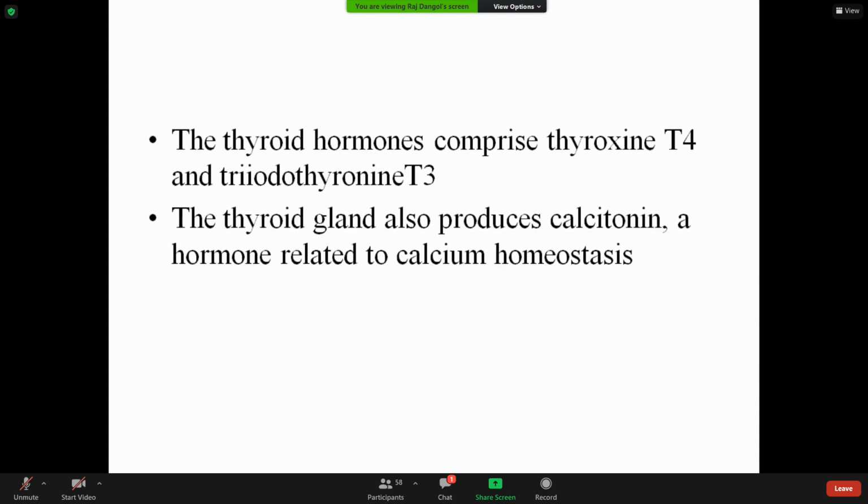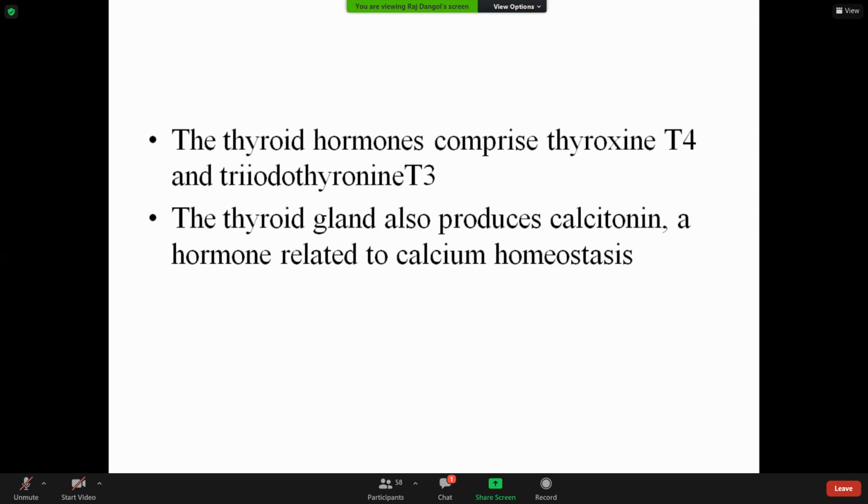So the thyroid hormone, while we are talking about the thyroid hormone, generally means the two hormones that are considered thyroid hormones, which are secreted by the follicular cells.